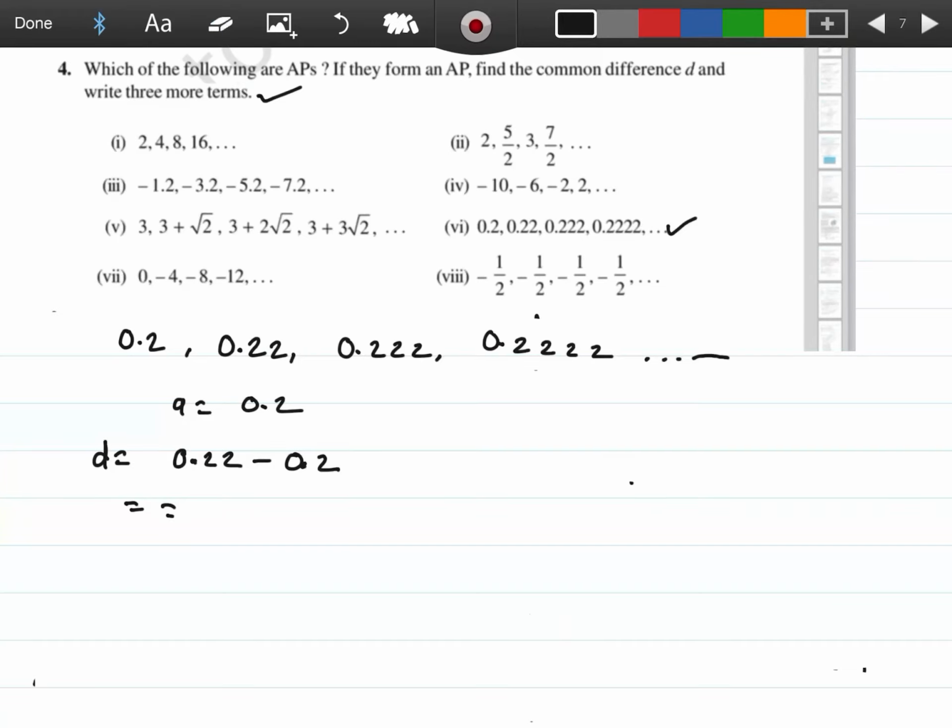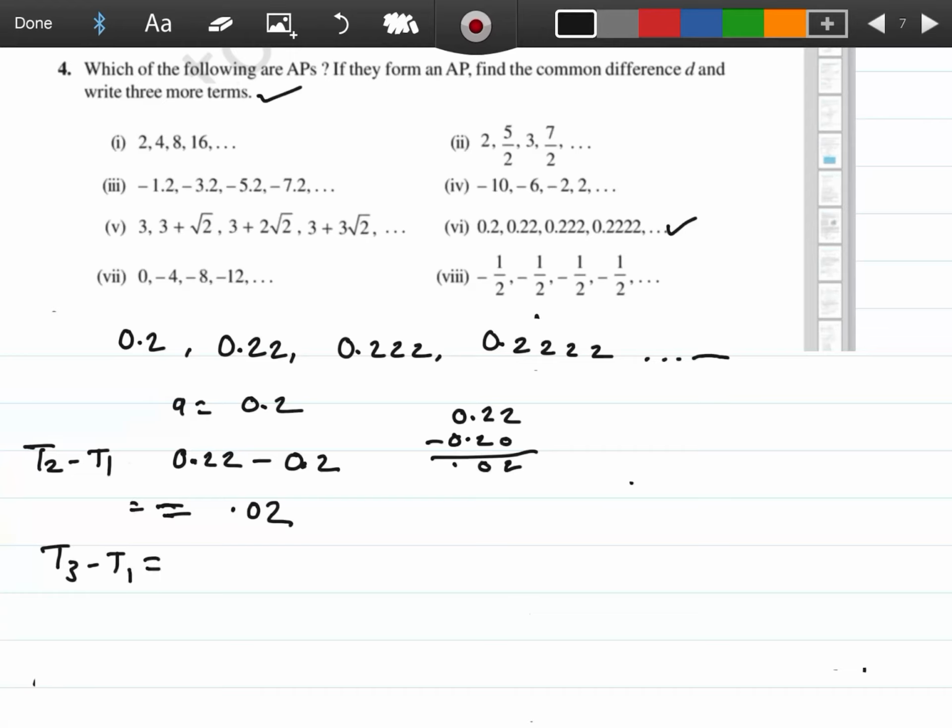0.22 minus 0.2. What will be your answer? 0.02. This is T2 minus T1.